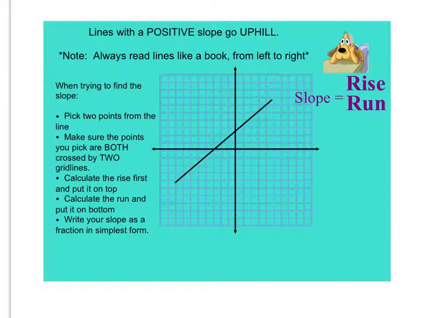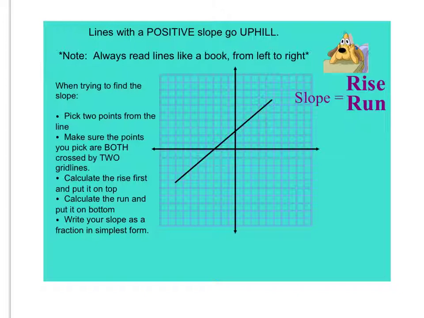What that means is I don't want to pick a point that's in the middle of my grid, because I don't know exactly what those numbers are. If I put a point right here in the middle, that's -1, -2, -3, and maybe a half, and then down a half, but I don't know for sure. So I want to pick points that are crossed right in the middle of grid lines.